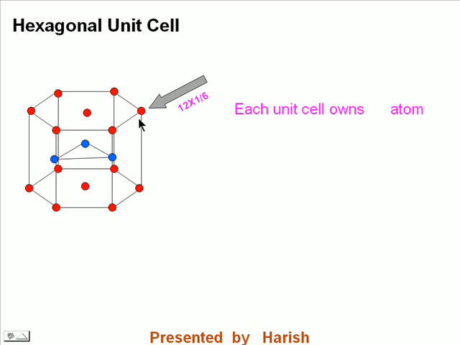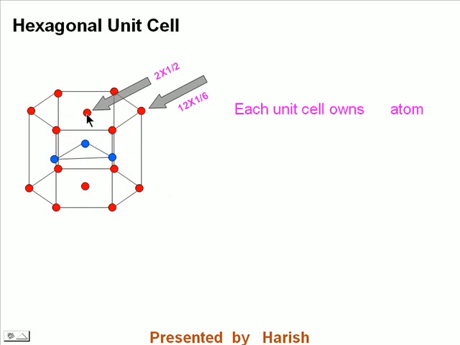So you can have 2 more unit cells here in this plane and 2 in the above plane. So total there are 6 unit cells which have the same corner as this atom. So an atom at this position can contribute only 1/6 to this particular unit cell. So there are 12 such atoms, 6 in the first layer, 6 in the last layer, that is 12 into 1 by 6.